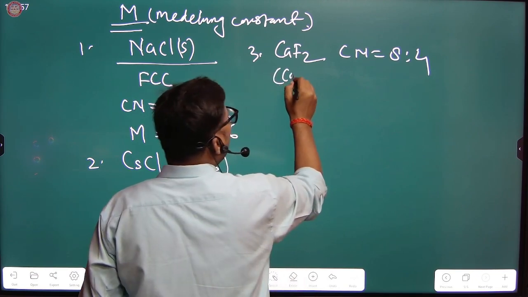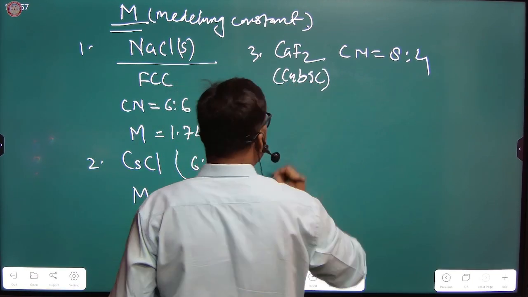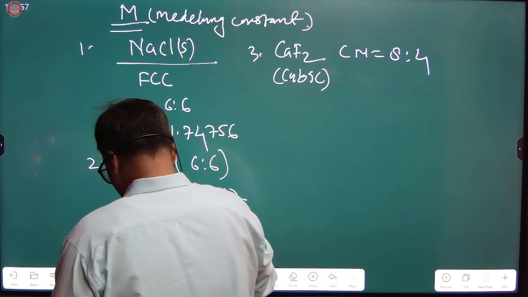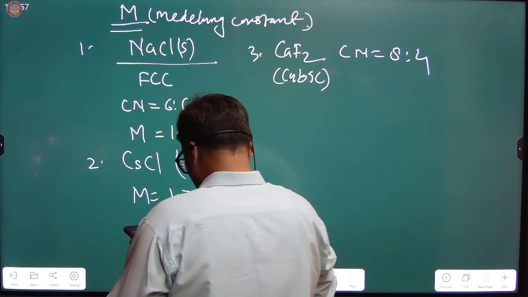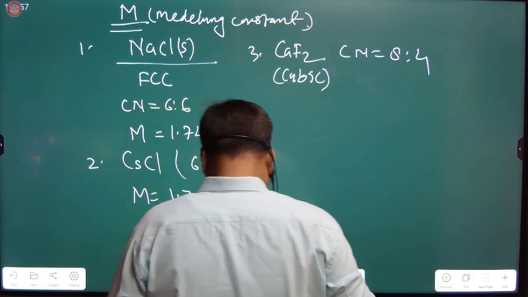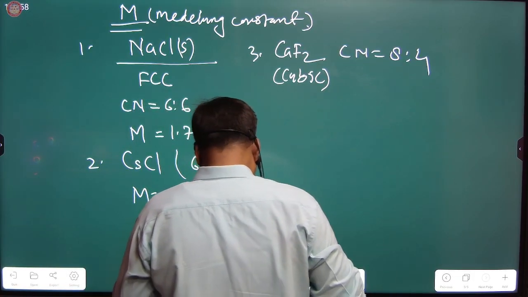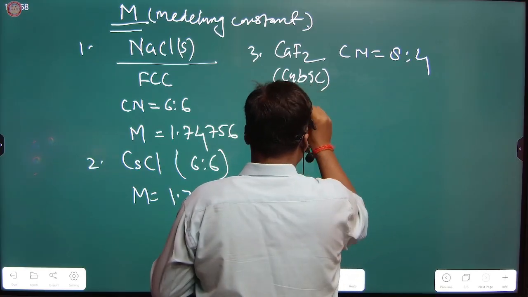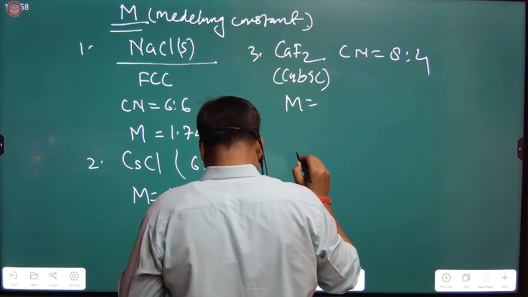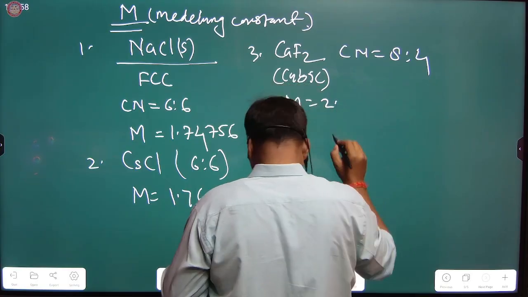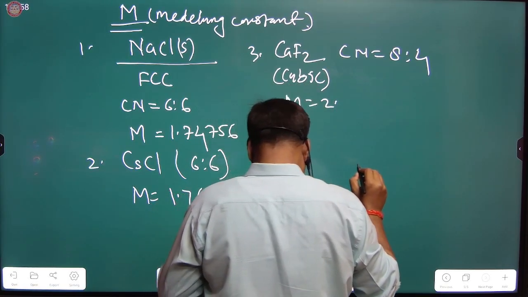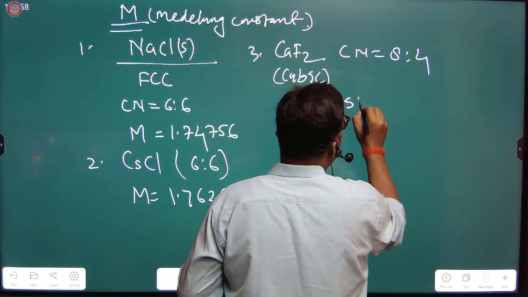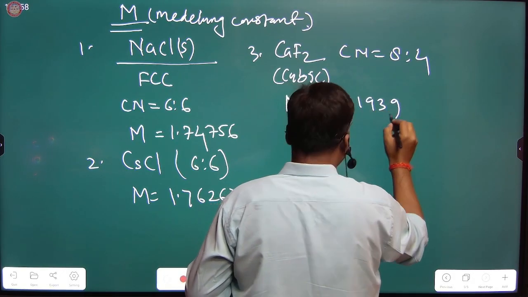It is a cubic structure, the geometry is different, so it has a Madelung constant M equal to 2.51939, right?